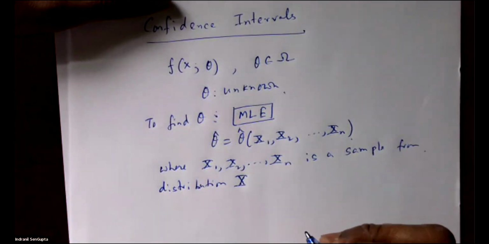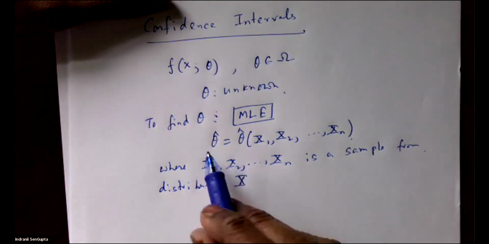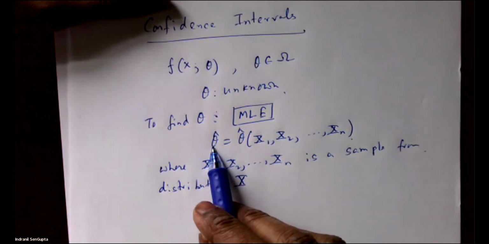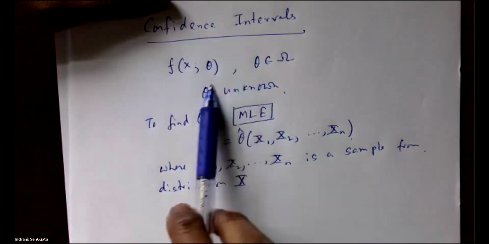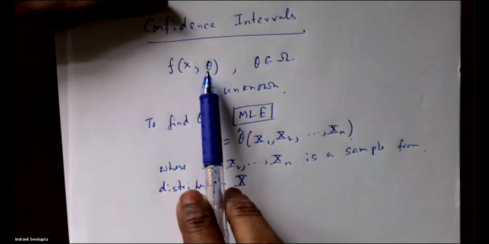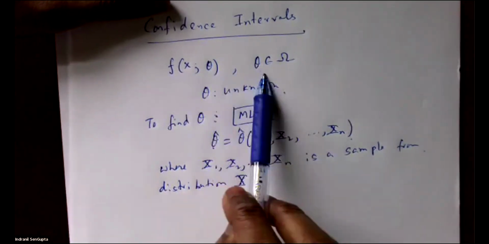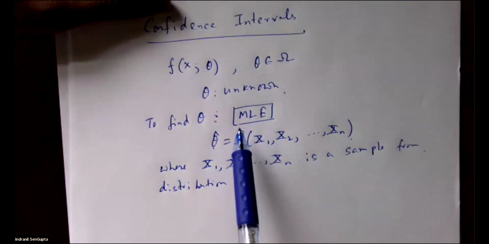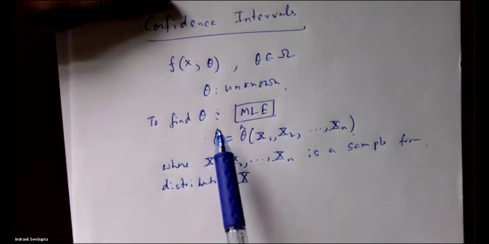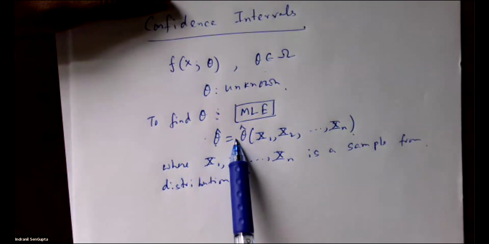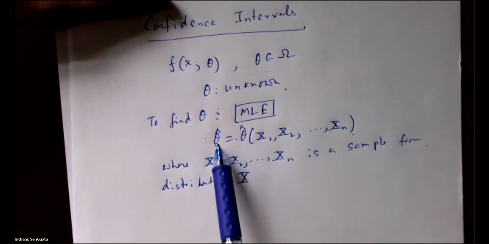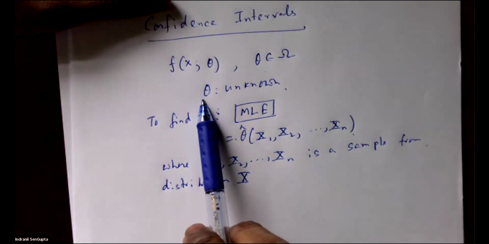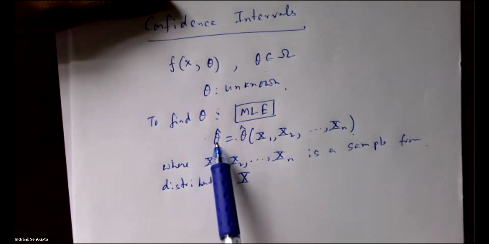Right? So now the question is, suppose you find this theta hat. Now there is an ideal theta. We don't know theta, so that is why it's unknown. What we did is, based on a sample, we computed this theta hat. It's unlikely this theta hat will match the true value, because it is based on the sample.